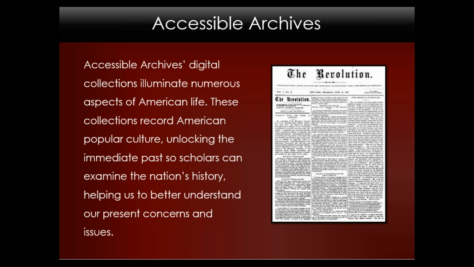Accessible Archives' diverse primary source materials provide broad views across 200 years of American history and the culture of the 18th and 19th centuries through full-text searches and digital images. Accessible Archives content provides the opportunity for users to spend more time exploring documents and less time searching for them.